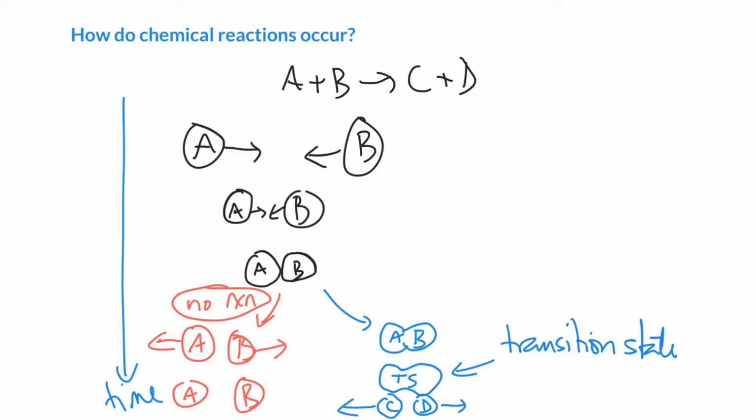What you find is that 99.999% of the time the atoms just bump into each other and bump right back off. But every now and again, like one time in a billion, they actually collide so hard, bits of the one molecule kind of trade places with bits of the other, and they form a reaction that forms the product C and D. We can draw a graph that shows what's going on here.